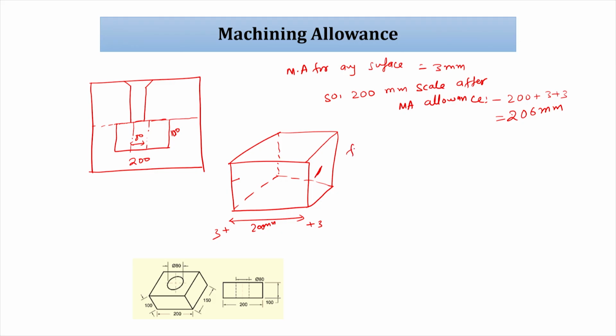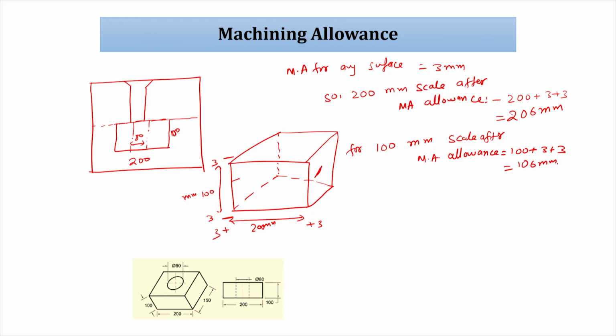Machining allowance. For 100 mm, I have to machine here. This is 100 mm. I want machining on this side also. So, 3 mm here, 3 mm here, total 6 mm for 100 mm scale after machining allowance: 100 plus 3 plus 3, so 106 mm.